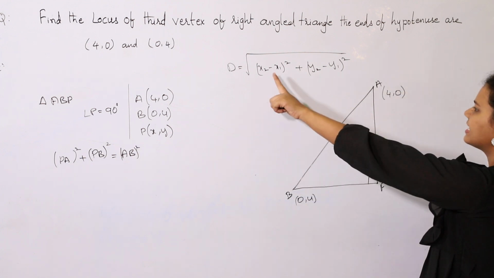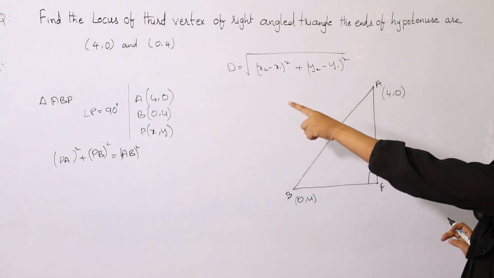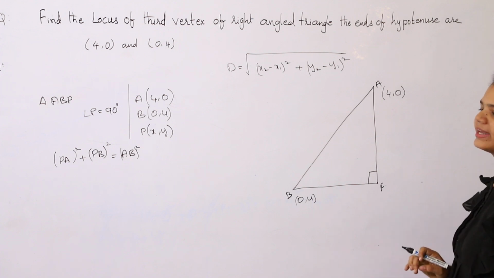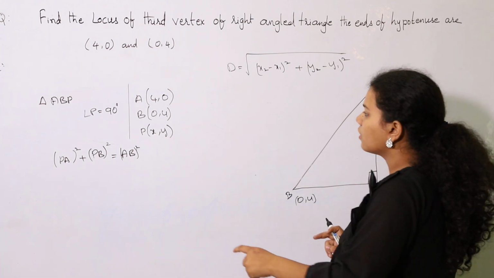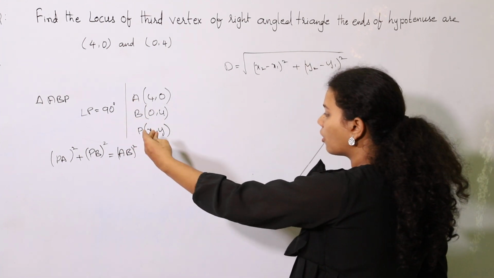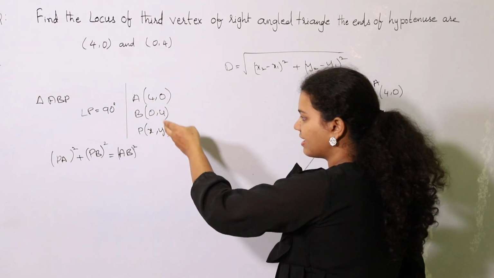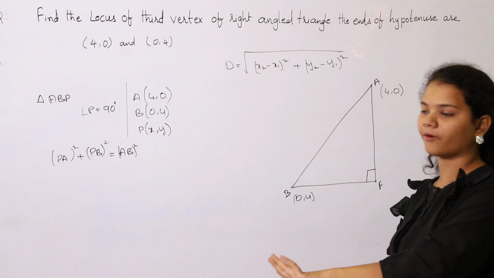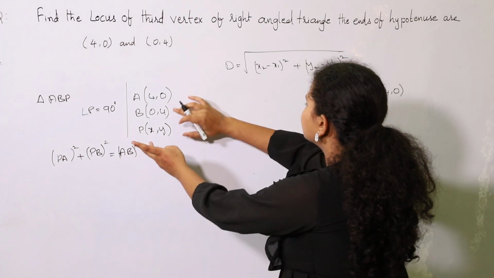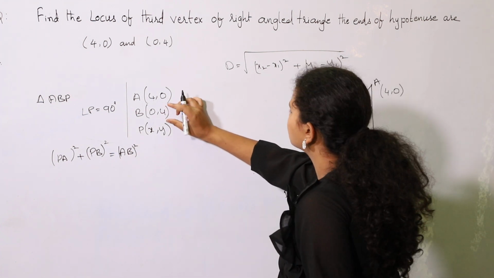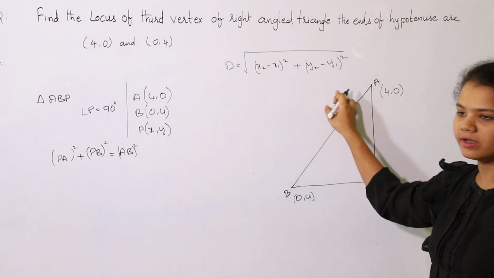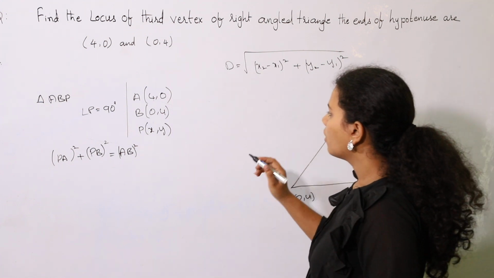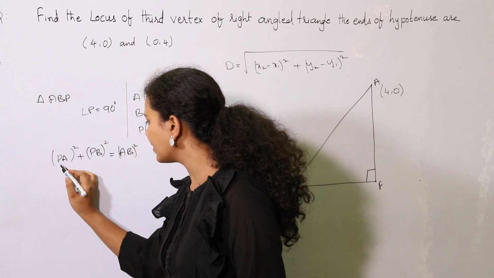We have all the points, the A vertex, B vertex and P vertex. Now it is just substituting these points in the given formula. Firstly, you have PA square.